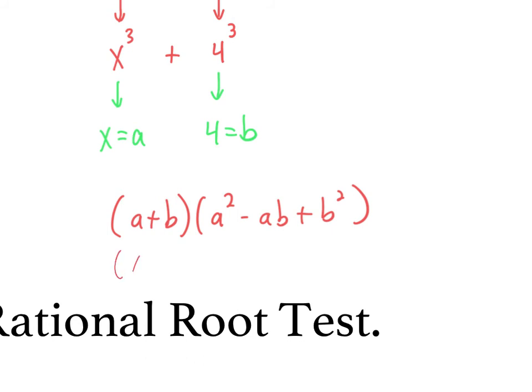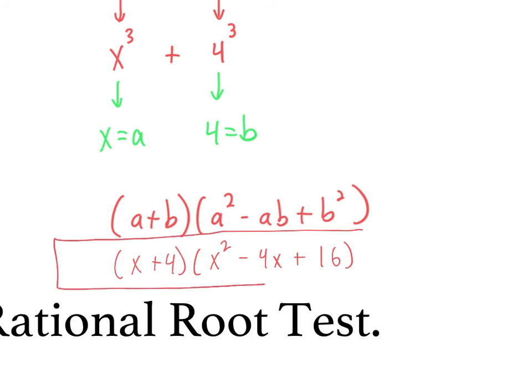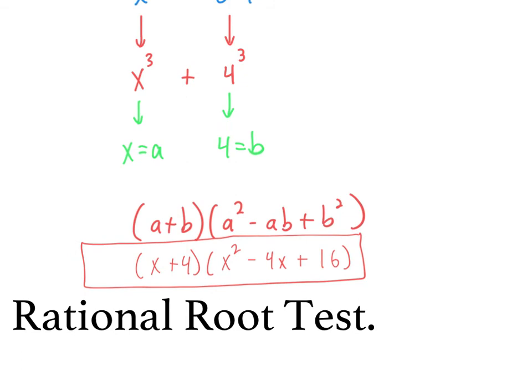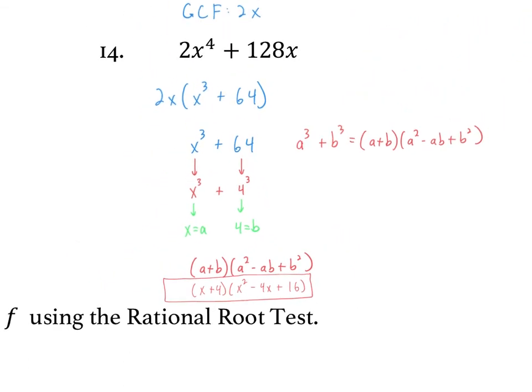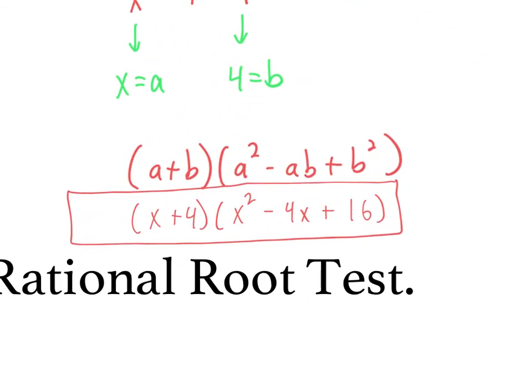So a is x, b is 4, a is x, a times b is 4x, and then b is 4, so 4 squared is 16. Don't forget, if you have a GCF, which was 2x, you have to write that out front.